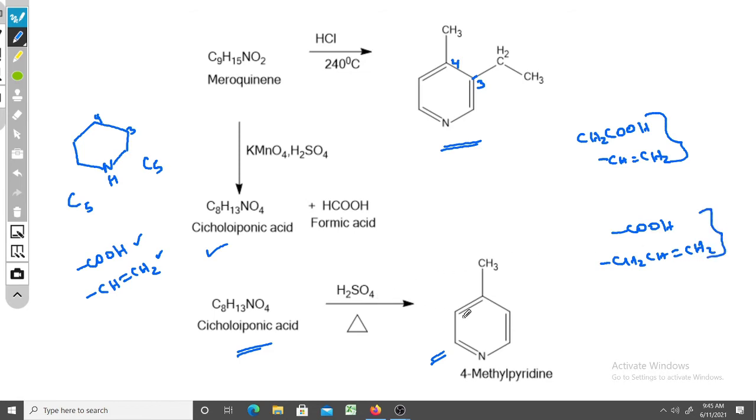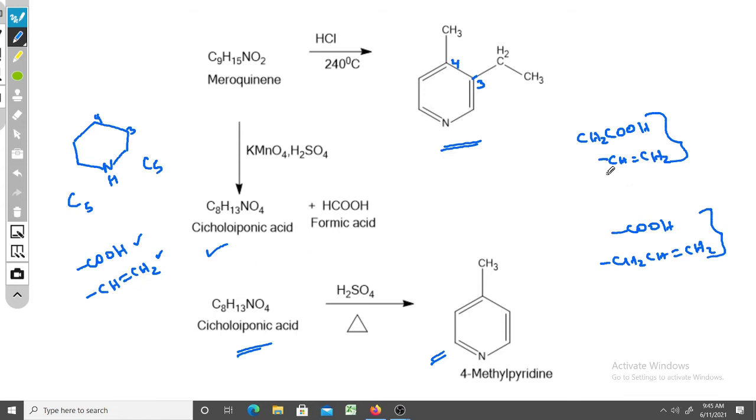That is, from this degradation product, it is clear that it has a 6-membered heterocyclic ring which contains a group attached at 3 and 4. So the remaining 4 carbon of this meroquinine should have a COOH group and a CH double bond CH2 group.